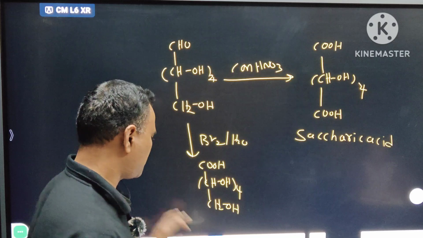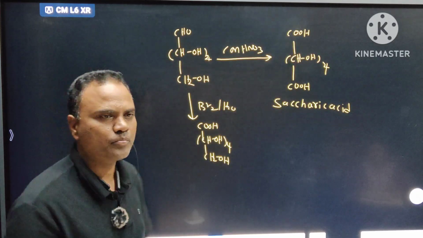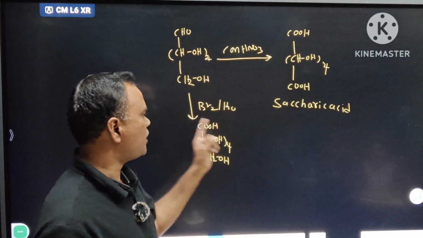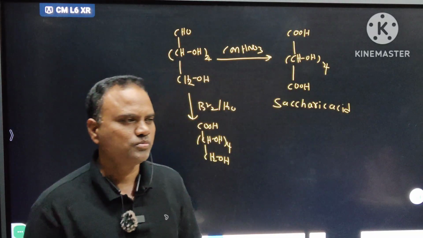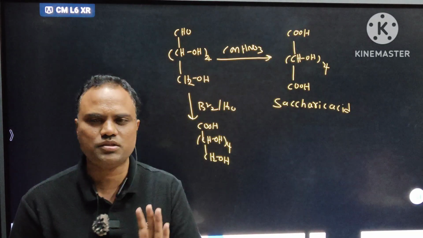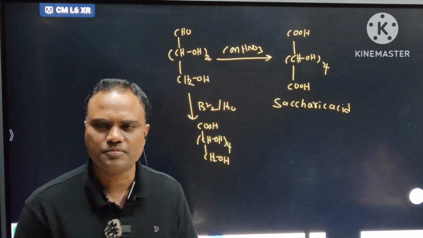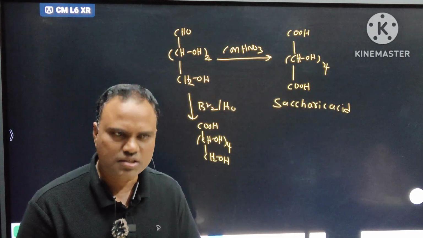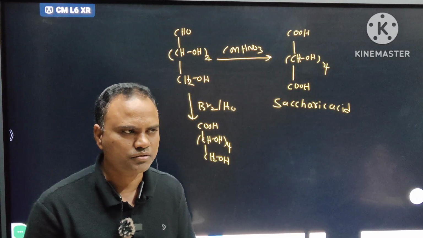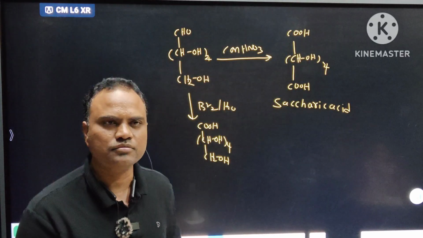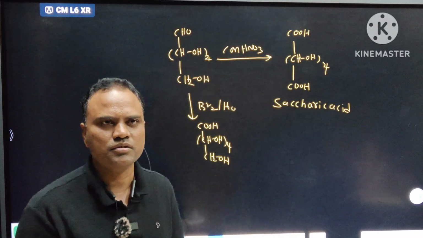One only. Number of carboxylic acids: 1. Here, 2. With bromine water, gluconic acid. With HNO3, saccharic acid. Saccharic acid is a dicarboxylic acid. Okay, right? Any doubt, online students?